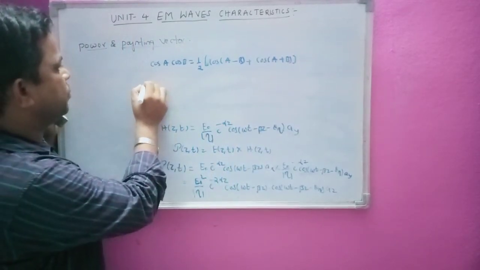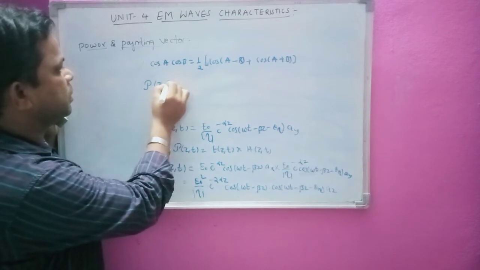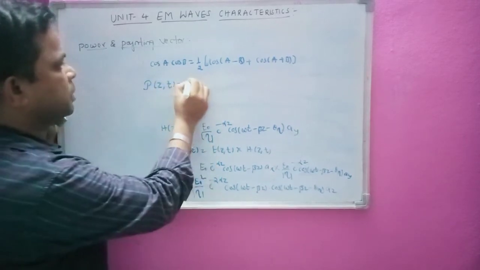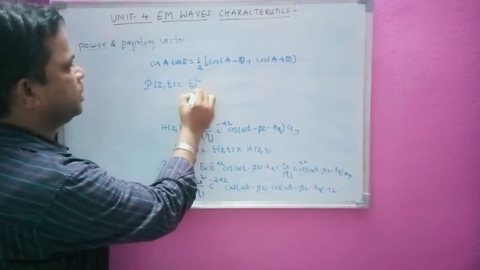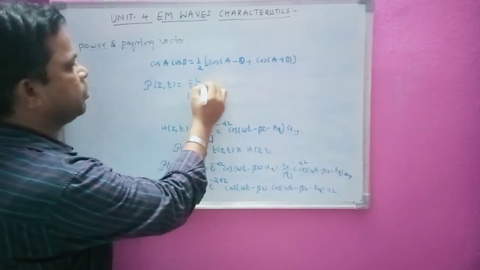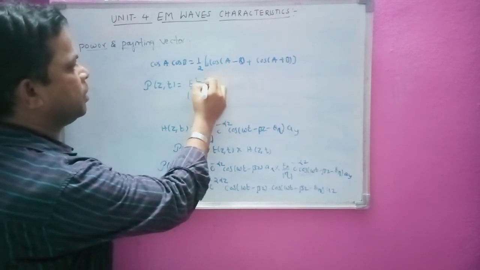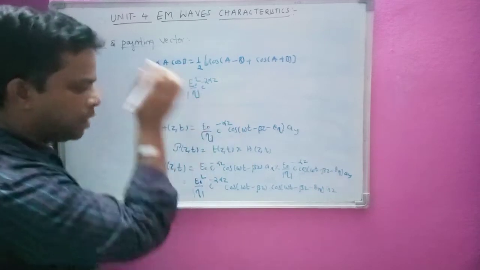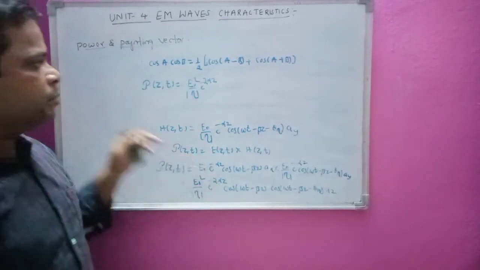That is P of z comma t is equal to E naught square by mod eta e power minus 2 alpha z. So 1 by 2 I will get here.